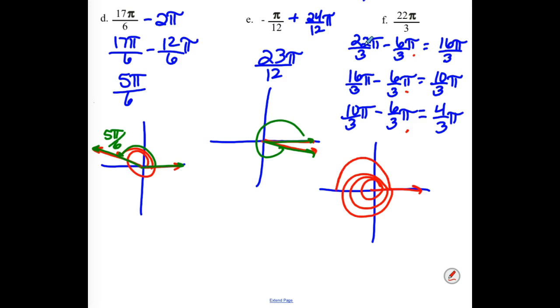Halfway is 3/3, right? I need 1 more third. I'm actually down here more. Yes? Okay, so our coterminal one is from here to there. Does that make sense? Okay.